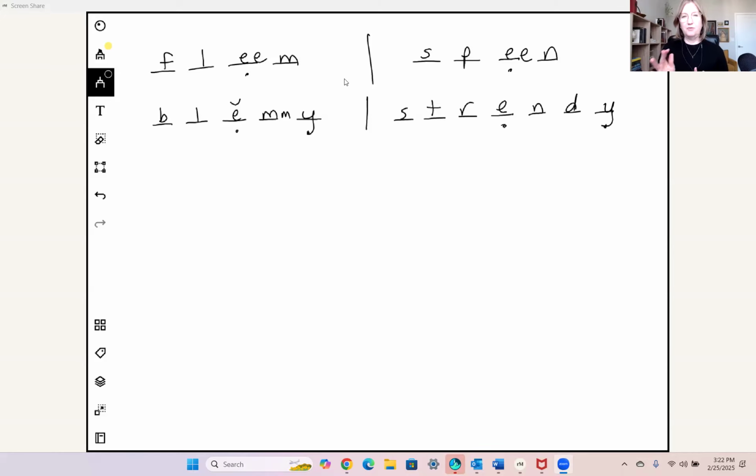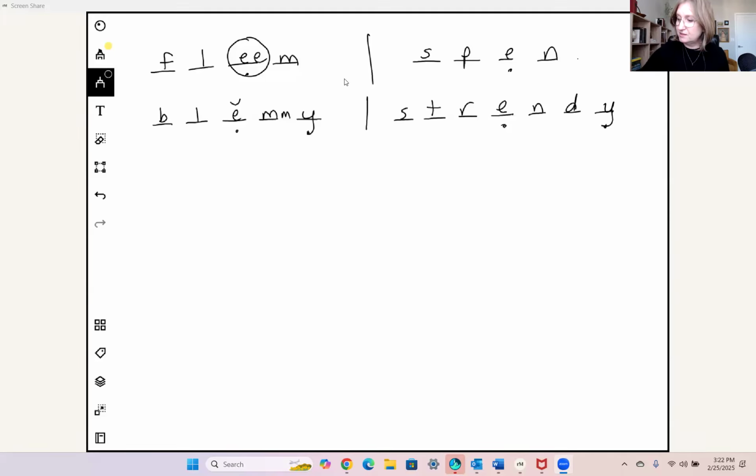Okay, number 3. Before I do number 3, I want to set you up for success. We spelled this E sound with a double E because it's in a short word. If it were in a longer word, meaning more than one syllable, and to know if it's more than one syllable, there's going to be more than one vowel sound that aren't touching.